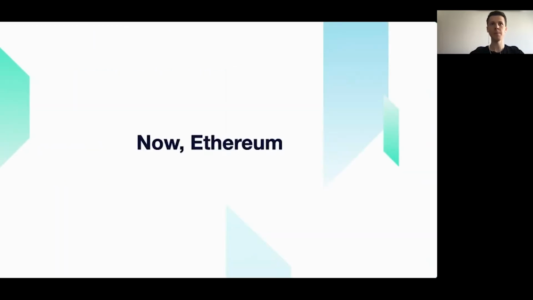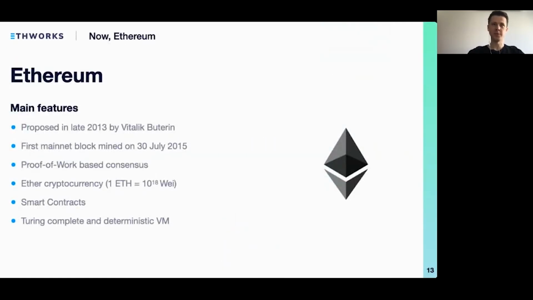Okay, after this introduction, we can dive into Ethereum internals. So first things first, what are the main features of Ethereum? It's a relatively new thing. It was proposed in late 2013 by a programmer named Vitalik Buterin.